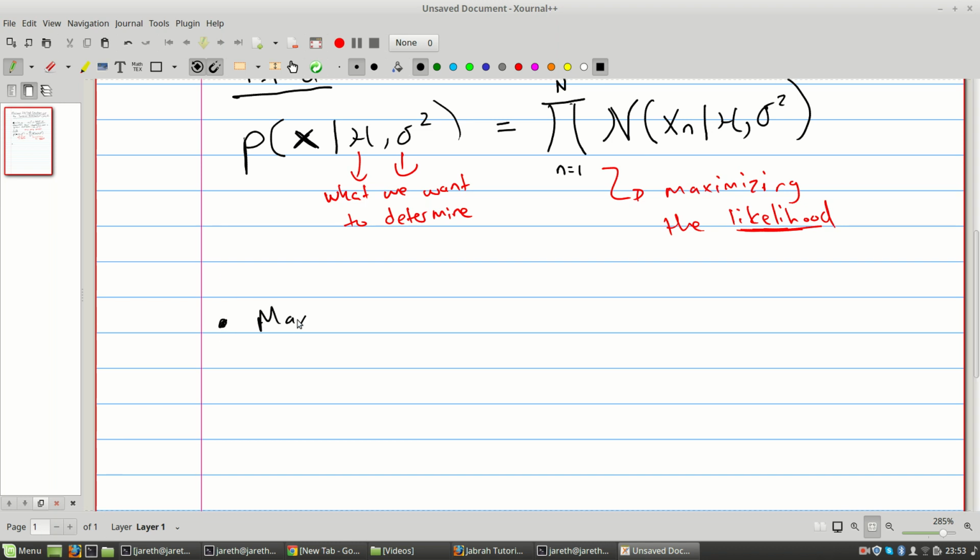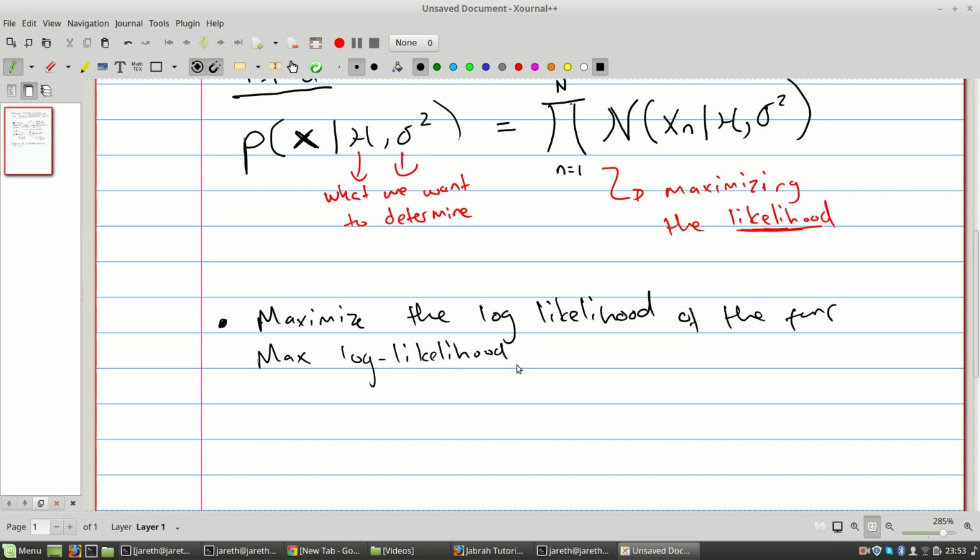So we should maximize the log likelihood of the function above. Finding the max of the log likelihood is essentially the same as finding the max of the likelihood.